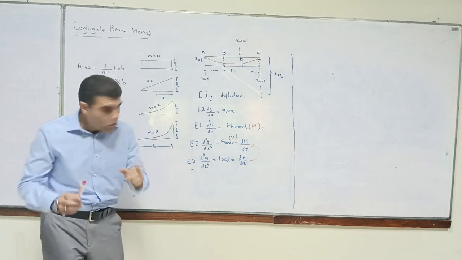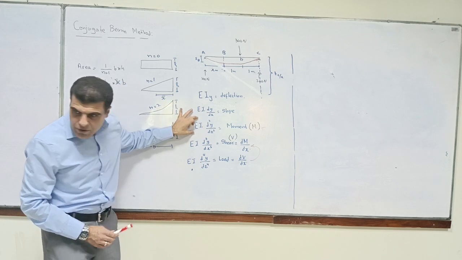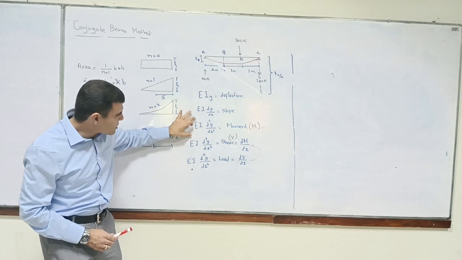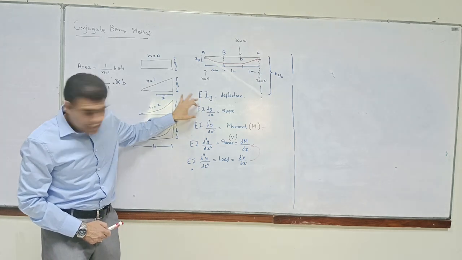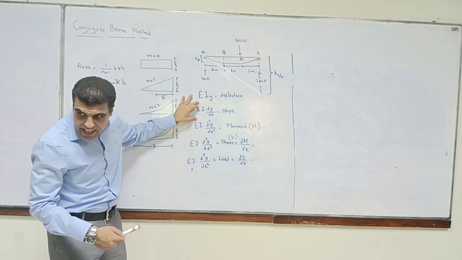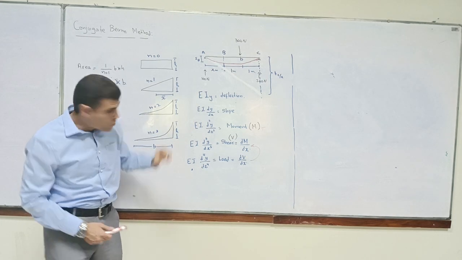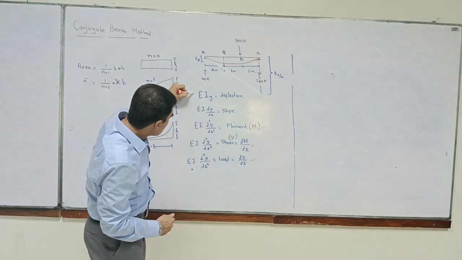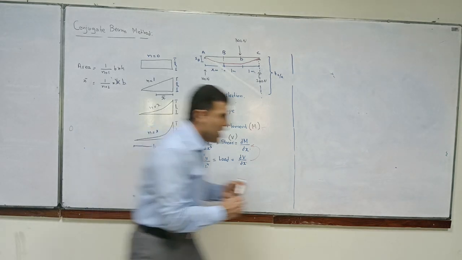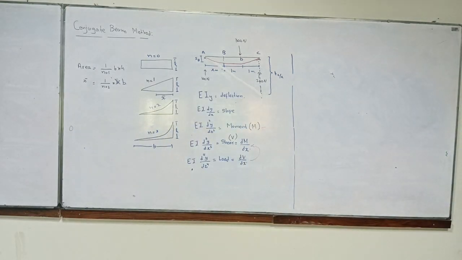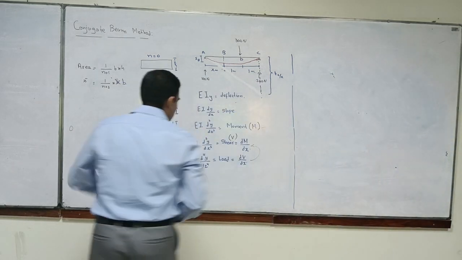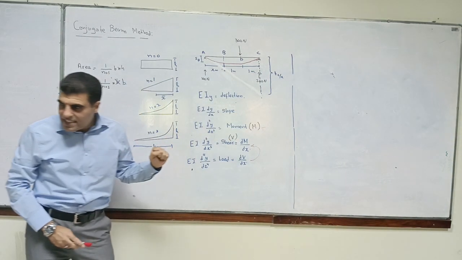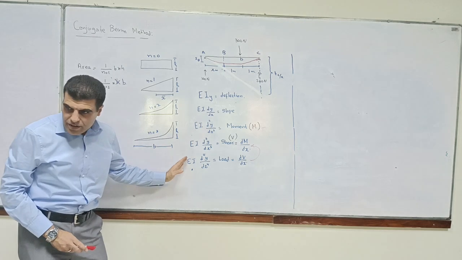Now look at this one. If I start from the moment and integrate it once, I get slope, and I integrate it again, I get deflection. So these three are also connected similarly, aren't they? Mathematically, these three are also connected, similar to this one.